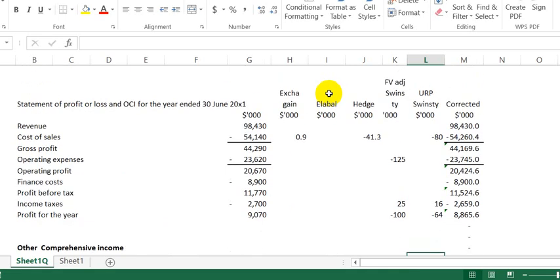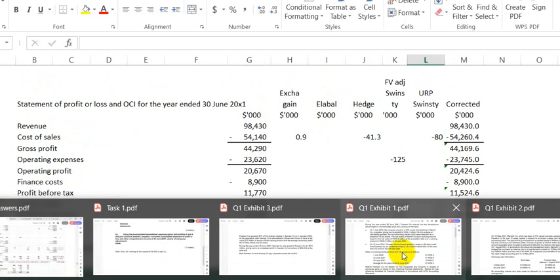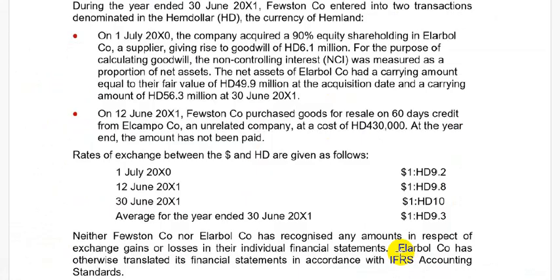Now this is Elabel. Elabel came from Exhibit 1. What are the percentages there? 90% and 10%.